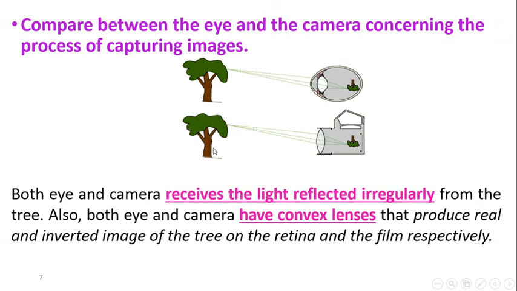They can be seen very clearly. So, both eye and camera receive light reflected irregularly from the tree. Also, both eye and camera have convex lenses, here and here, that produce a real and inverted image of the tree on the retina and the film respectively.